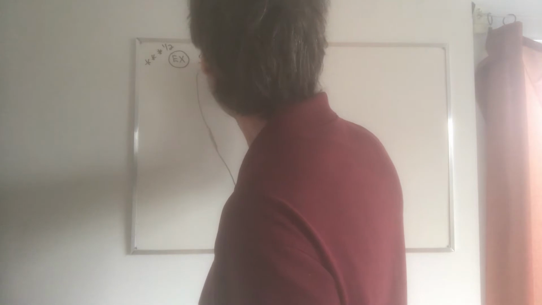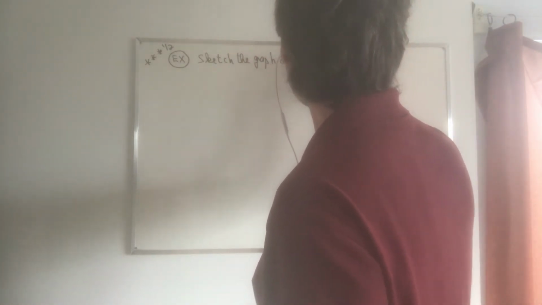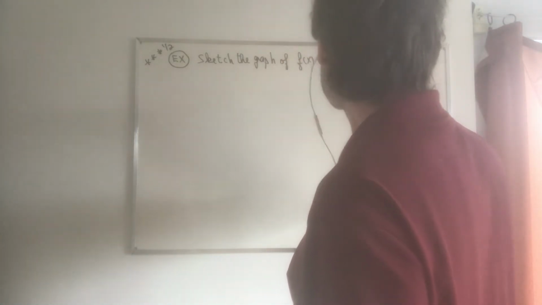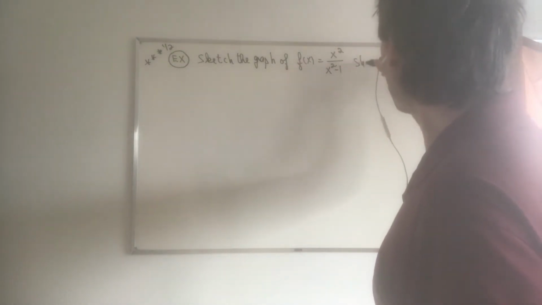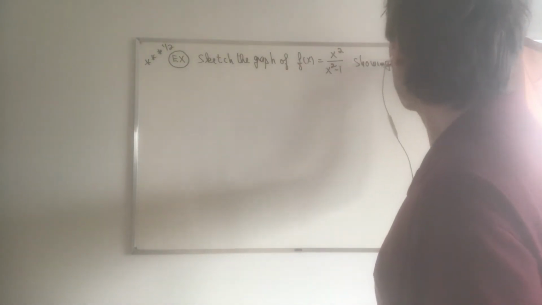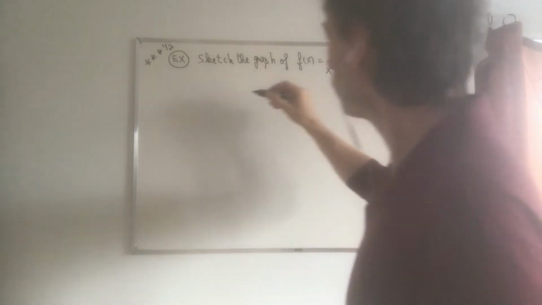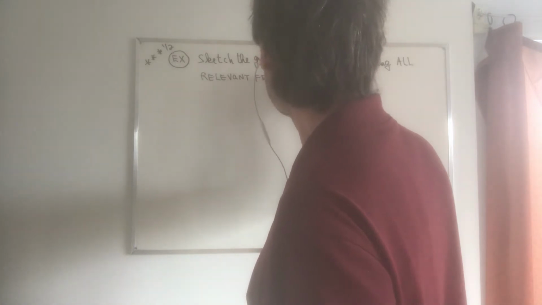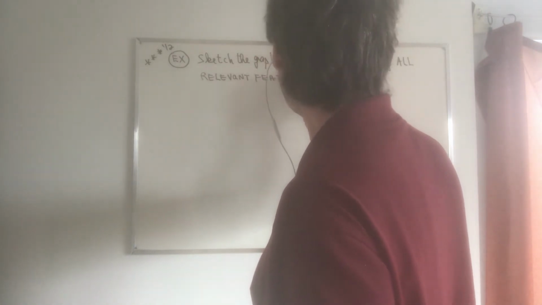Sketch the graph of f of x is equal to x squared over x squared minus 1, showing all relevant features.